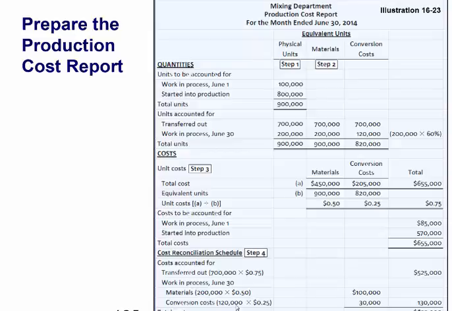And they're only 60% of the way converted, which gave us a result of 120,000 equivalent units as to conversion cost. 120,000 times 0.25 equals $30,000. Do not mess up here and put 200,000. These numbers are equivalent units as to materials and as to conversion cost. These two added up equals $130,000. 525 plus 130 equals 655.